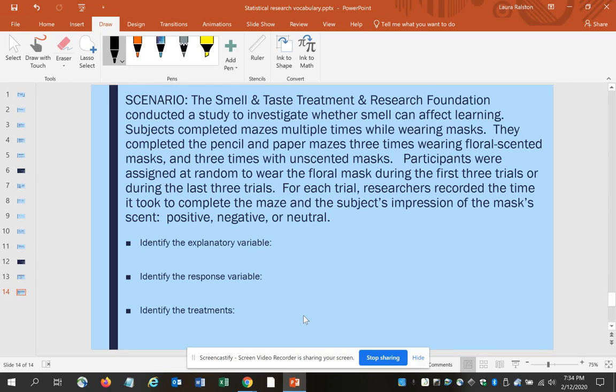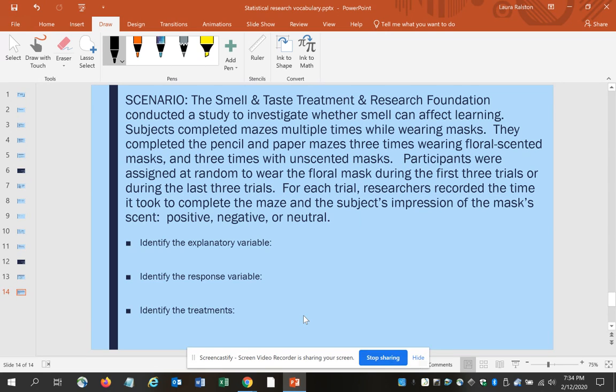Second scenario. The Smell and Taste Treatment and Research Foundation conducted a study to investigate whether smell can affect learning. Subjects completed mazes multiple times wearing masks. They completed the paper and pencil mazes 3 times wearing floral scented masks and 3 times with unscented masks.